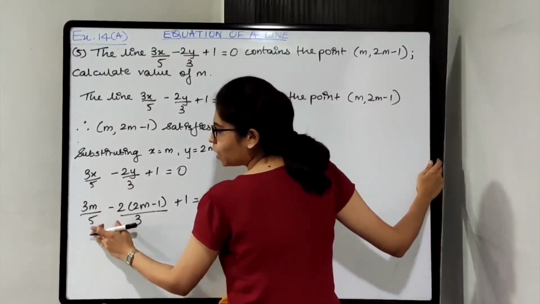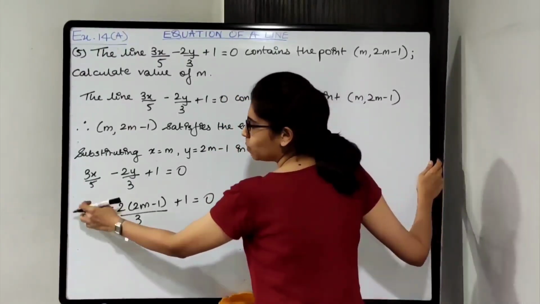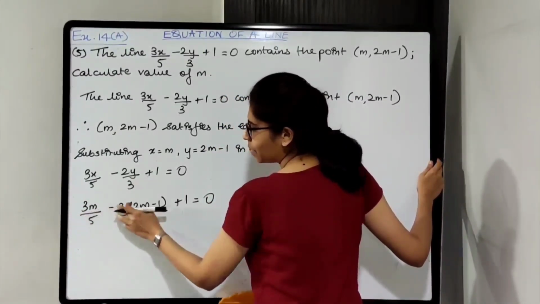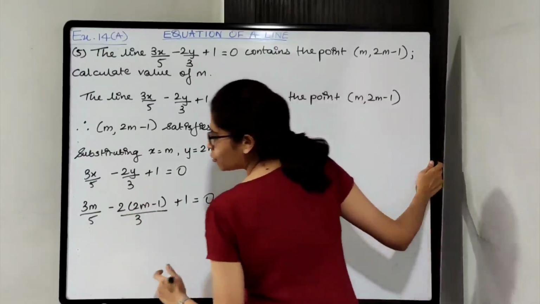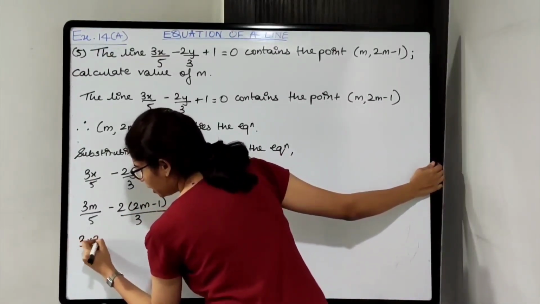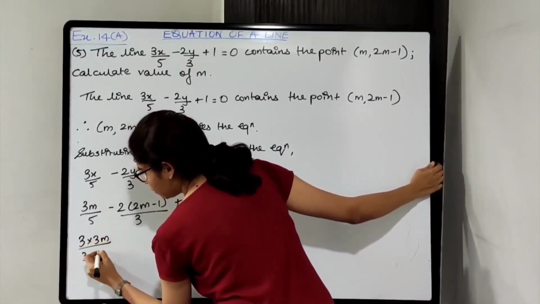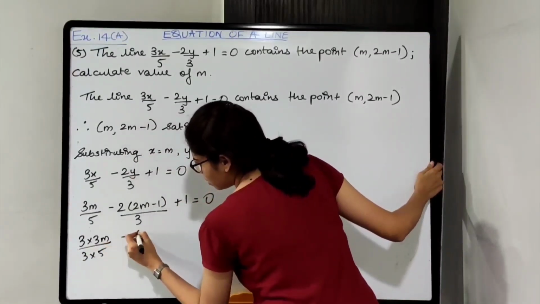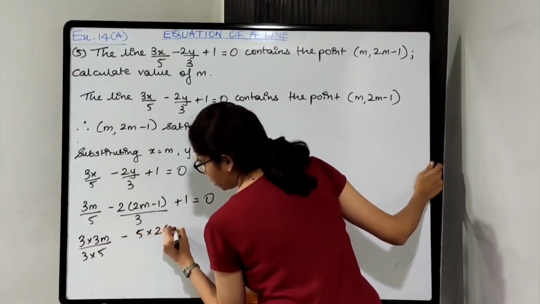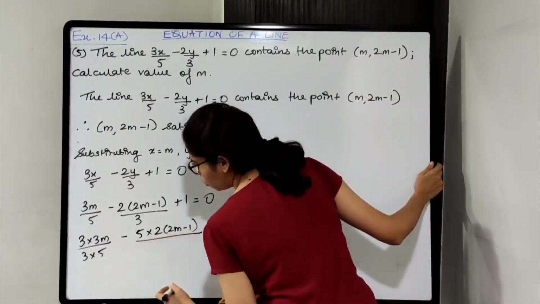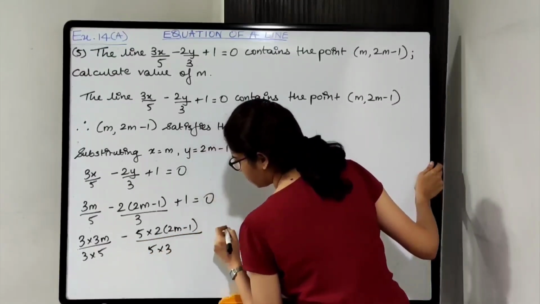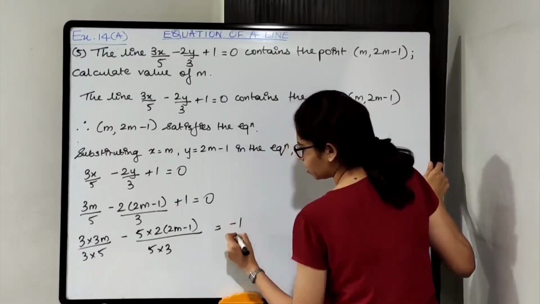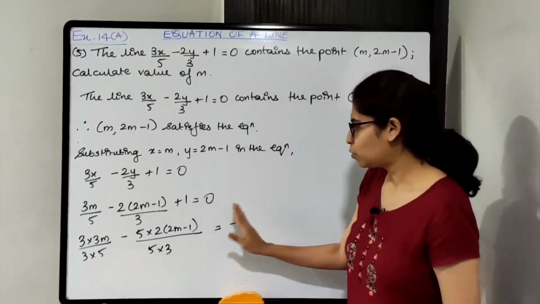So 5 into how much will give 15? 3s are. So multiply and divide by 3. Here multiply and divide by 5. So 3 into 3m upon 3 into 5 minus 5 into (2m - 1) upon 5 into 3. And shift the 1 over here.